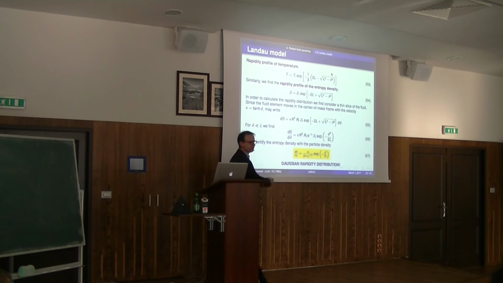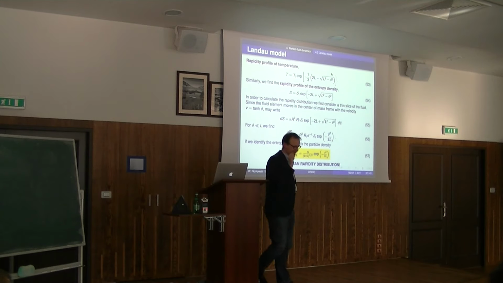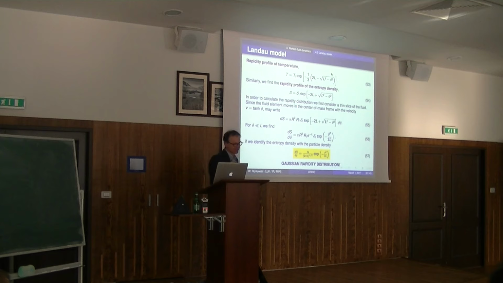This is the distribution of the pions, because pions form this matter which is produced. And now we have to look at this carefully, because in this model, baryons really stop, and the pions are produced in such a way that they are described by Gaussian distributions.